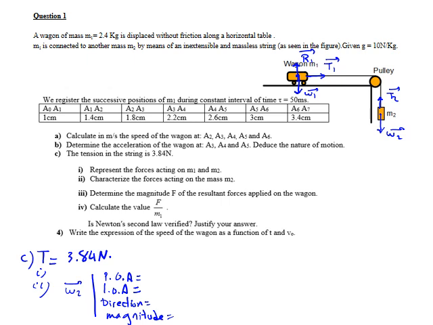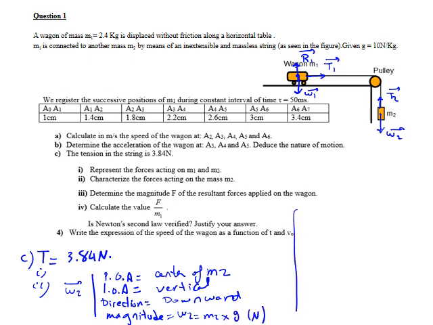Point of application, center of M2. Line of action, vertical. Direction, downward. Magnitude, W2 equal M2 times g. Its unit is in Newton.